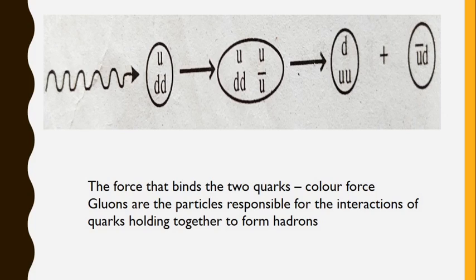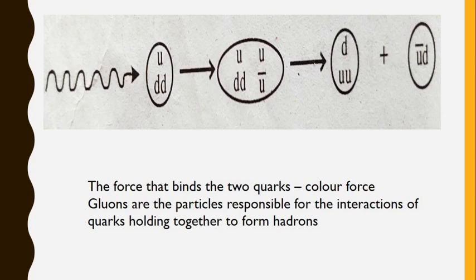I repeat, whenever a force exists between two particles, there must be an exchanging particle between them. So we know that a color force exists between two quarks. So if there is this color force, there must be an exchanging particle between these quarks, and these exchanging particles are known as gluons.